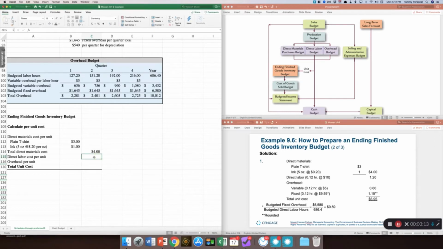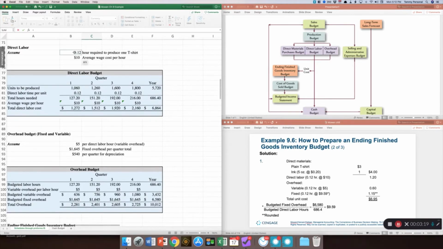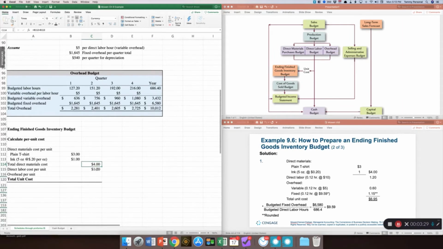All right, so what we're going to pick up from above is 0.12 hours times the $10 an hour. So it costs us $4 for the t-shirt and $1.20 for the labor.